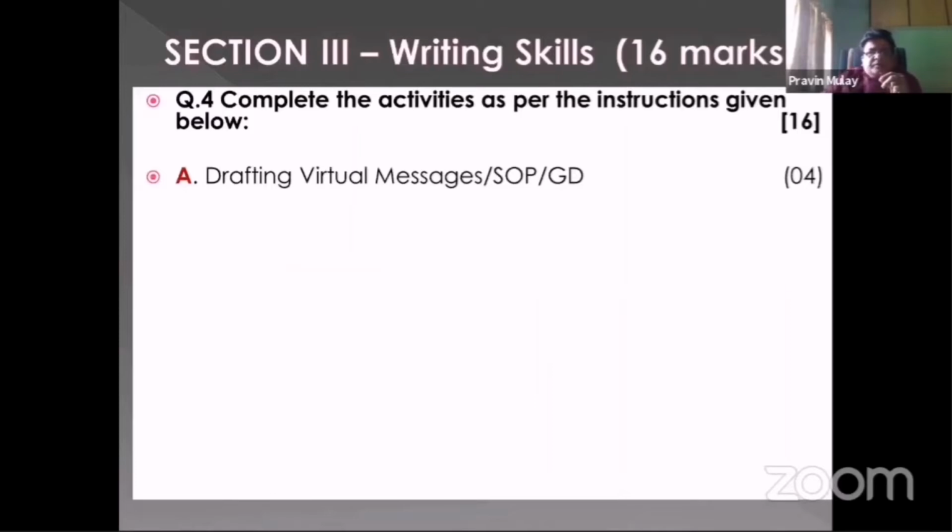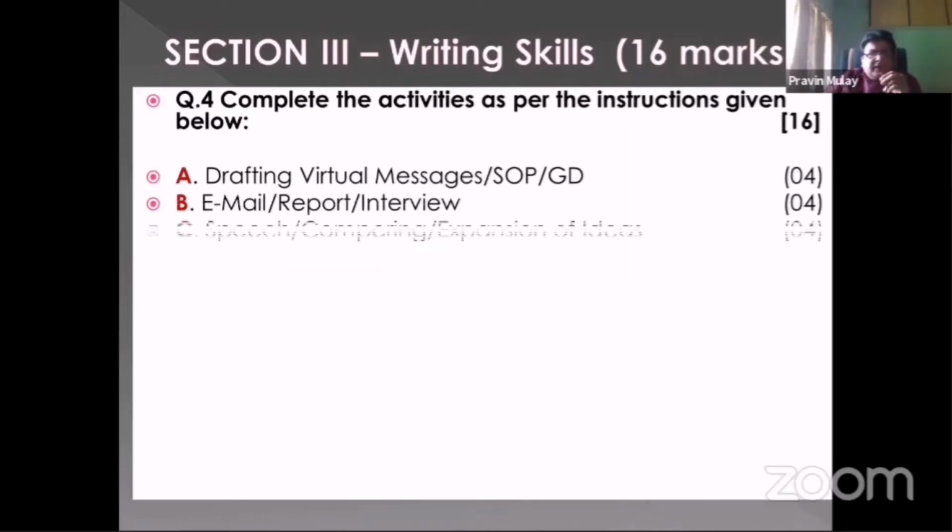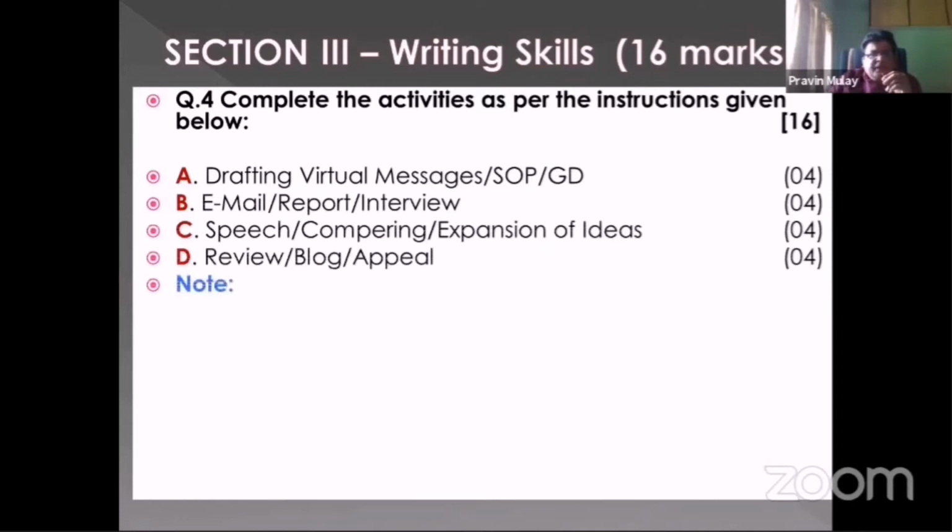The fourth question in the activity sheet will look like this. This is the distribution of ABCD in the fourth question. Now, there may be many questions in the minds of the teachers: though drafting virtual messages, SOP, and group discussion are newly introduced skills for the 12th standard, why have they been kept together and why this arrangement? Let me tell you one thing.